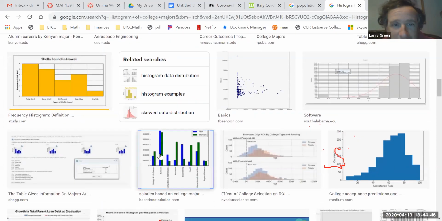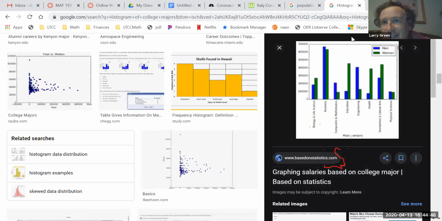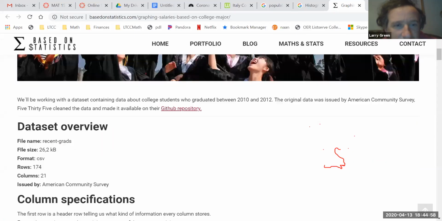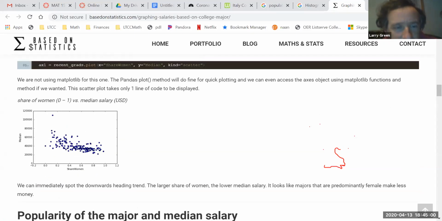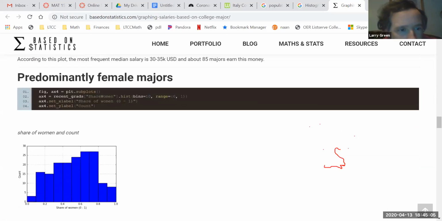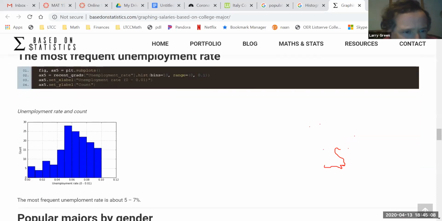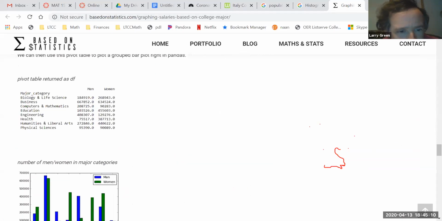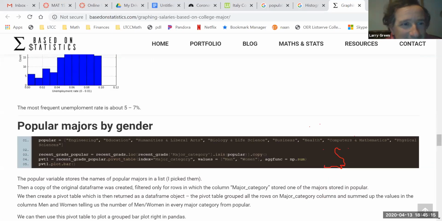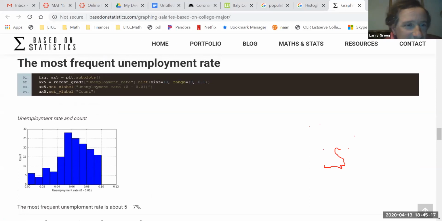All right, we'll do a side-by-side histogram with men and women in it. I was looking for the one I made. There it is. Okay, that's not a histogram, it turns out. So let's not do that one. Let's do this one, just for fun. It's not majors, but it's good.